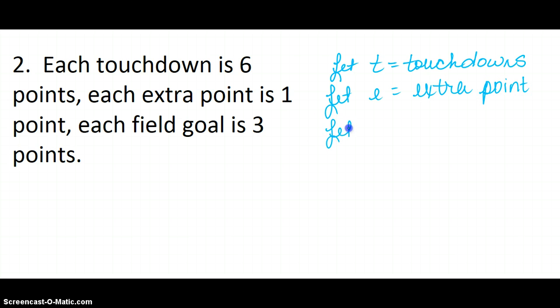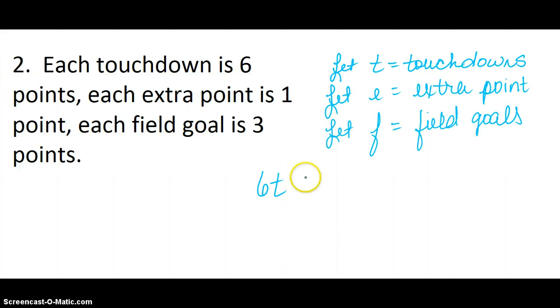Let's let f equal field goals. Now when we add these together, that's what's going to give us the score of the game. So we don't know how many touchdowns, but we know they're worth 6 points each, so 6 of the touchdowns, plus 1e, or just e, and that's for each extra point, we're going to get 1, and for each field goal, we're going to get f. So that's going to give us our total score for the game.